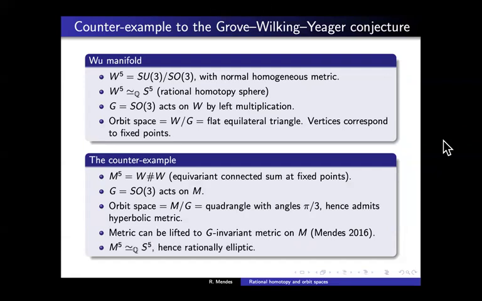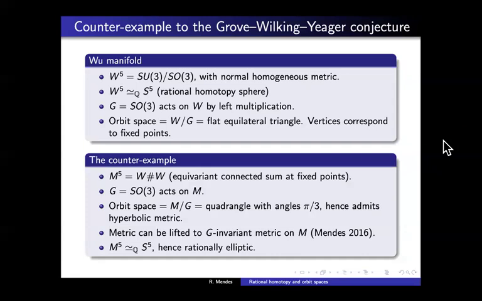And since the Wu manifold itself was rationally elliptic, when you take the connected sum of two copies of it, it's still, yeah, it's a 5-sphere rationally. So take connected sums of spheres with spheres, you still get spheres rationally. So this is rationally elliptic in particular, right?